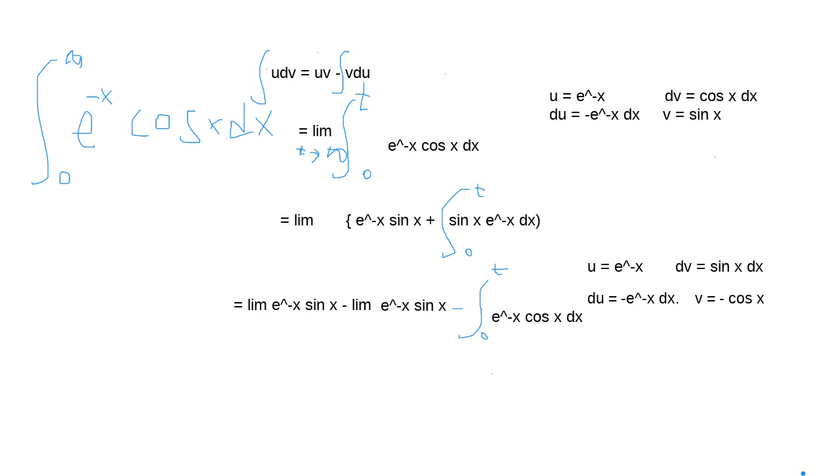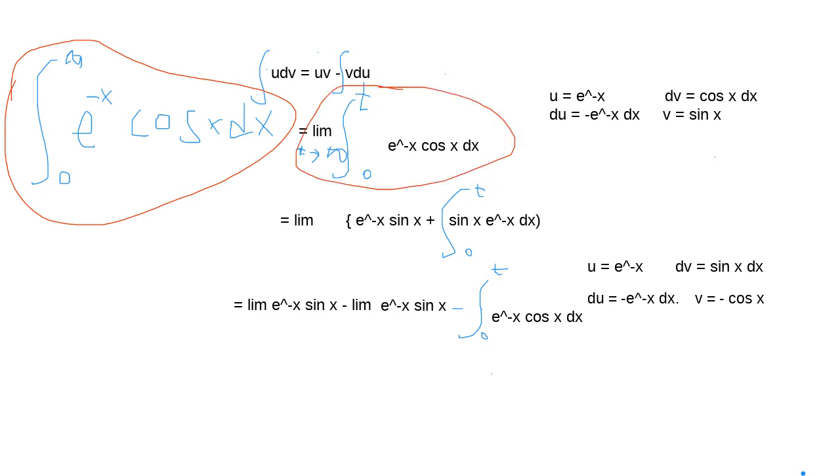Now my left-hand side: I started with this one, and actually we could just take the limit in the end. In this case, it's probably better to take the limit in the end.